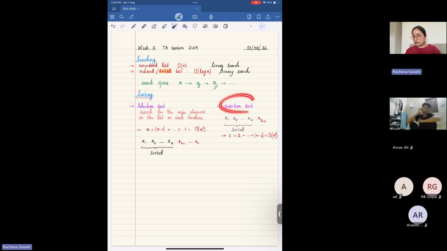Then the same thing happens in the case of insertion sort as well. What is the difference between these k elements in the selection sort versus these k elements in the insertion sort? How do these elements differ? Is the question clear?